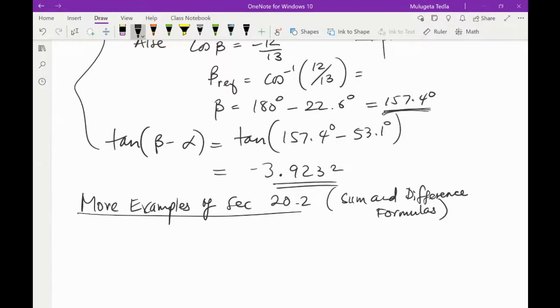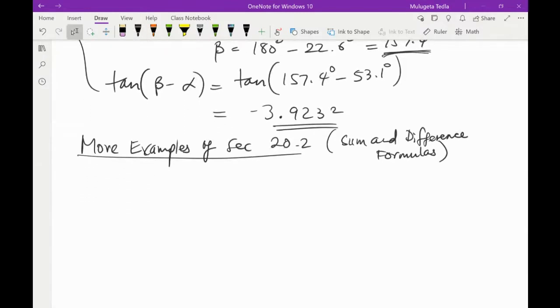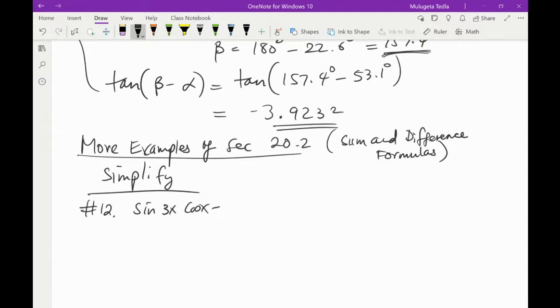I just want you to recognize number 12, for example. The question is to simplify. Number 12 in the book: sine 3x cos x minus cos 3x sine x.